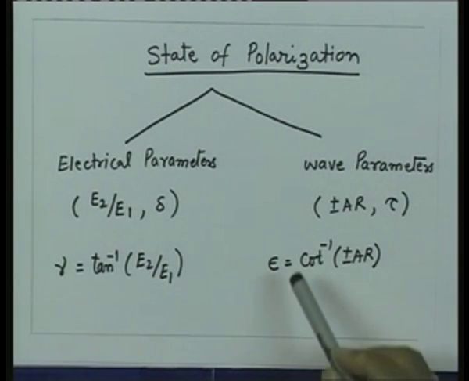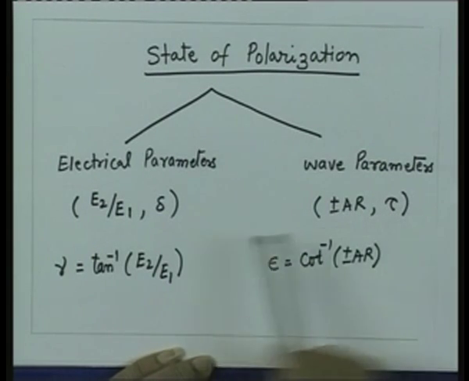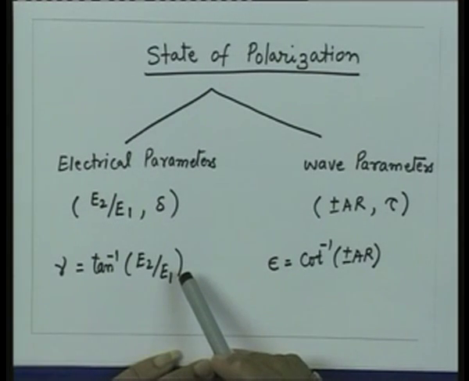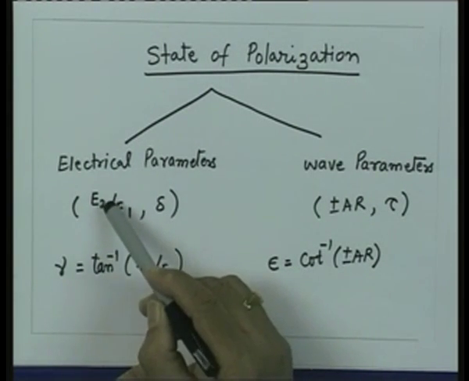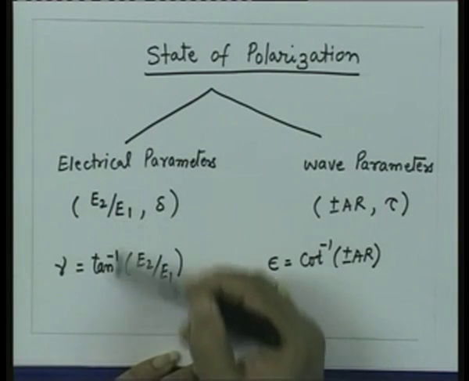What we now do further is this: here we have one parameter which is a number, and the other one is an angle. This is a ratio which is a number, and an angle. We try to represent these quantities which are numbers also in terms of angles, and then we will see the utility of this.